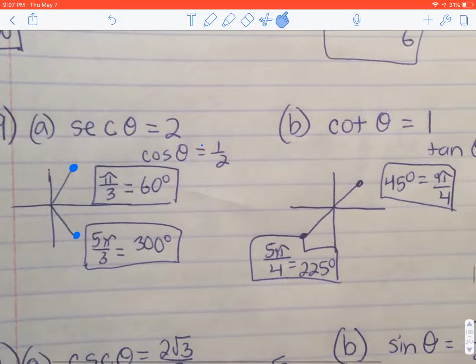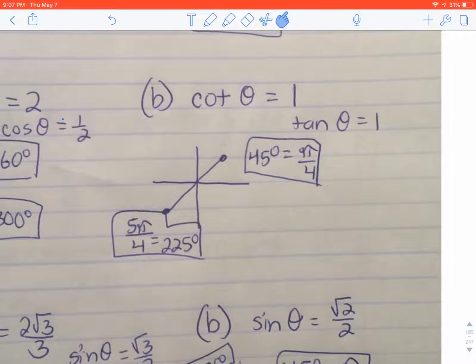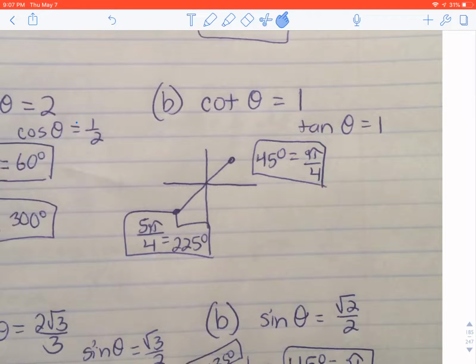B is cotangent theta of 1. Same thing as asking, when is the tangent theta going to be positive 1?